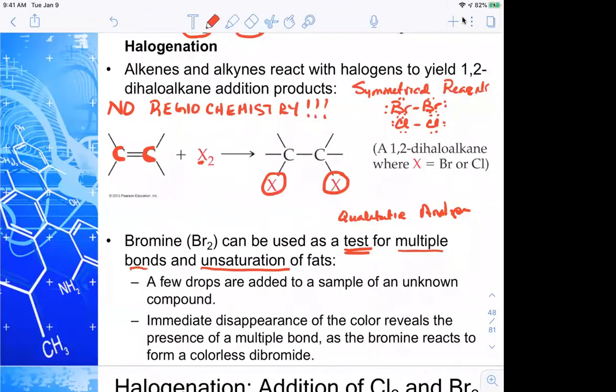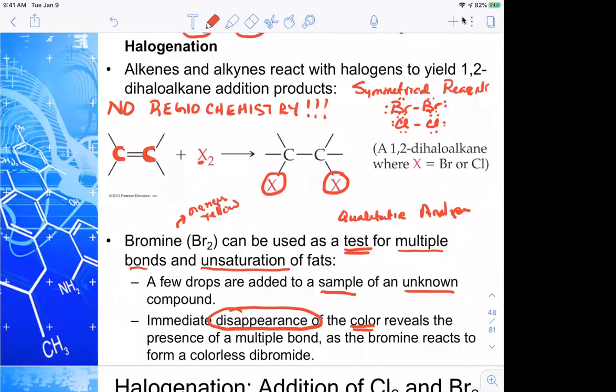If I take a little bit of bromine water and add it to a sample of an unknown compound, now bromine is sort of an orangey yellow, and that gives a definitive color to the solution. So if that color disappears, that means that bromine is reacting.